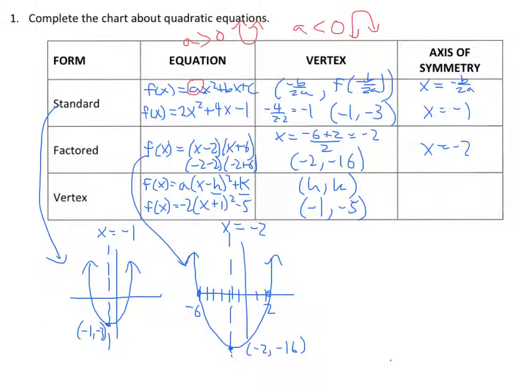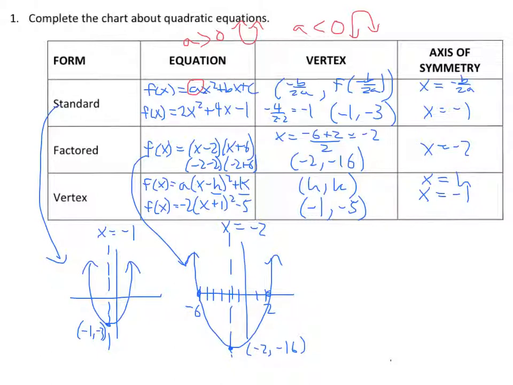This comes from transformations. So think back to our transformations unit. The vertex of this parabola would shift 1 to the left, down 5. So that's the vertex. And then the axis of symmetry, again, is the x-coordinate of the vertex, so x equals negative 1 in this case, or x equals h in general.